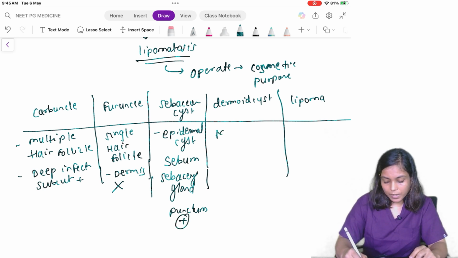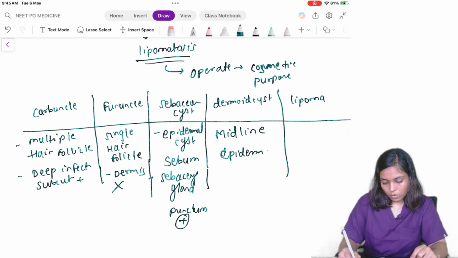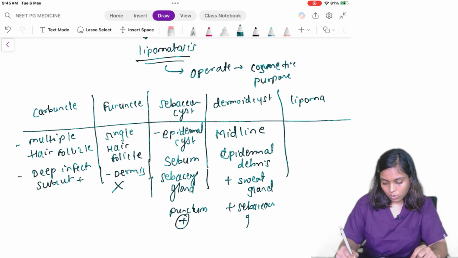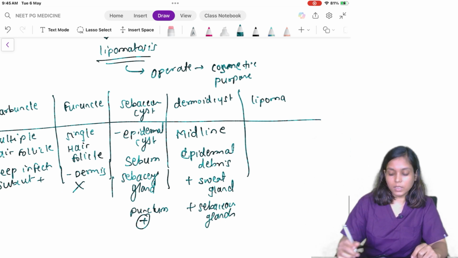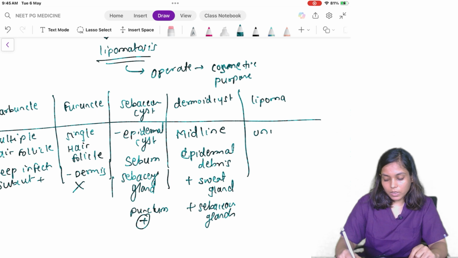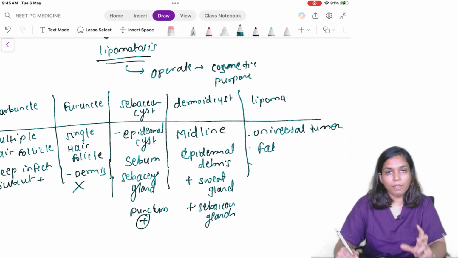It is present in the midline and it contains epidermal debris, sweat glands and sebaceous glands. Last, lipoma. It is a universal tumor and the content is fat. It has fat inside it.